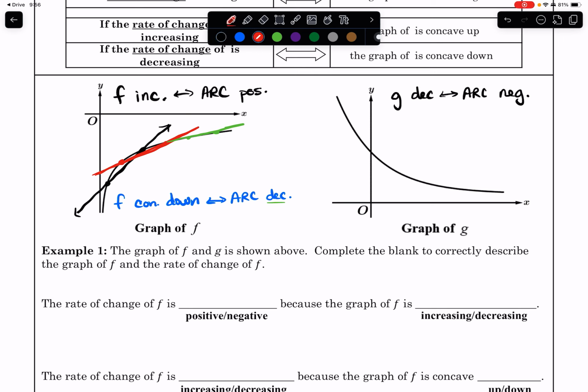No matter what 2 points I use, whether I use this point and this point, I'm going to see that those points connect with a line that's going downwards. So your average rate of change is negative.